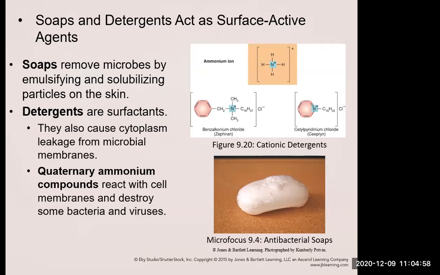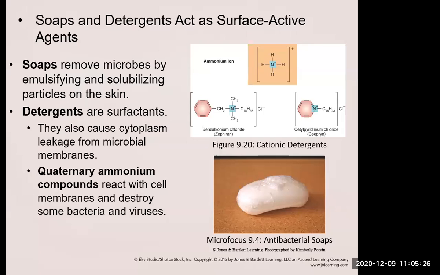There's a certain group of detergents that the book mentions called quaternary ammonium compounds. Shortened, they call them quats. And here are a couple examples here. So just be aware that these are detergents, and they're going to act by disrupting cell membranes.